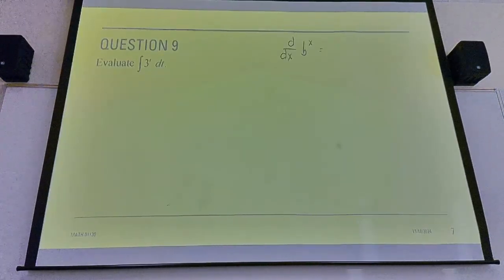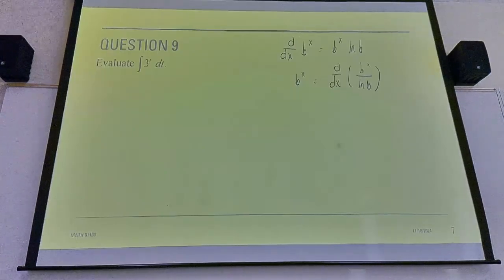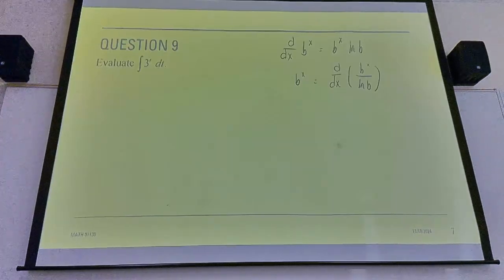What's that derivative? The derivative of b to the x is b to the x times the natural log of b. Oops, why did I do 3? So then isn't that true? Natural log of b is a constant.